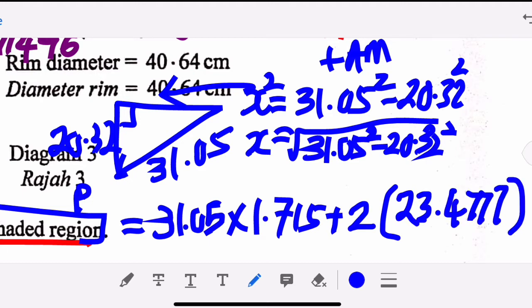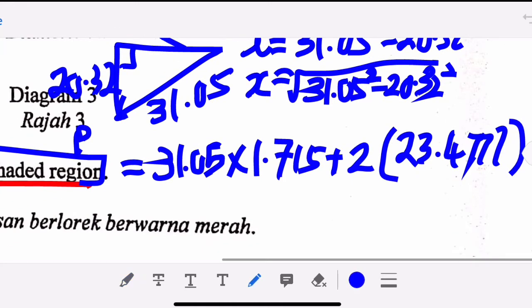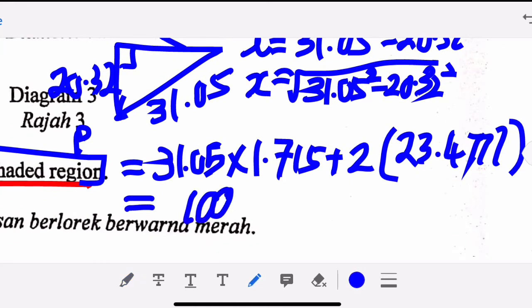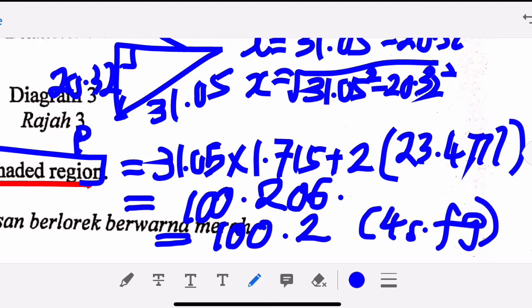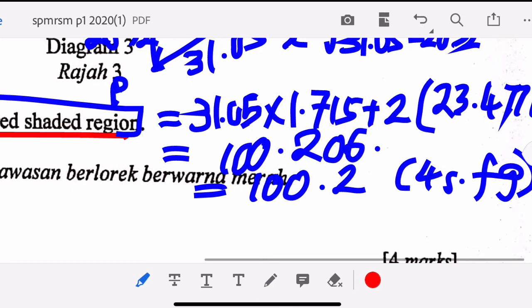You times 2, and then you plus the 31.05 times 1.715. So the answer is 100.206. So it's okay, you give me 100.2 for significant figure. Alright, this is the answer for question number 12.